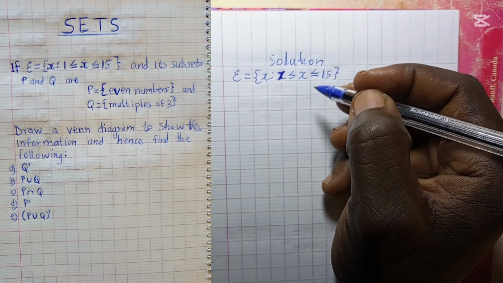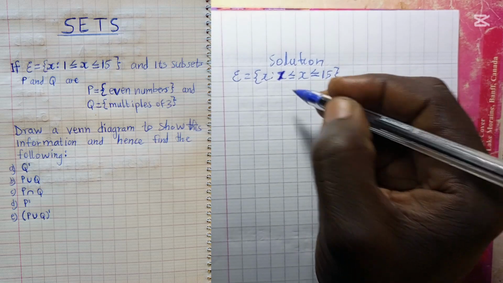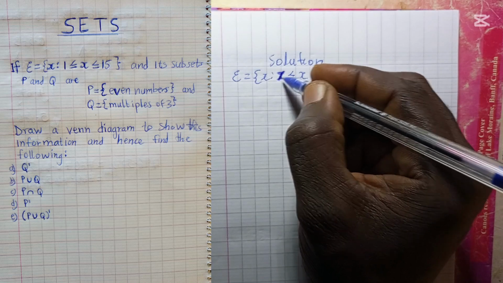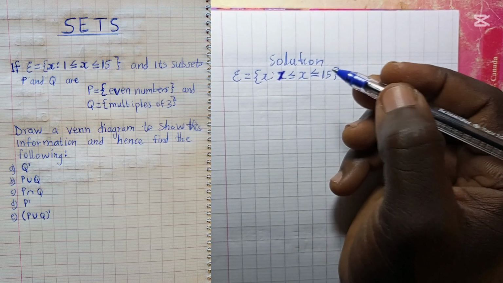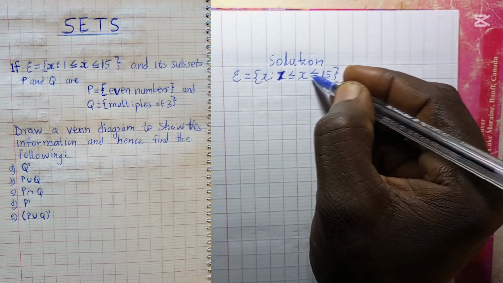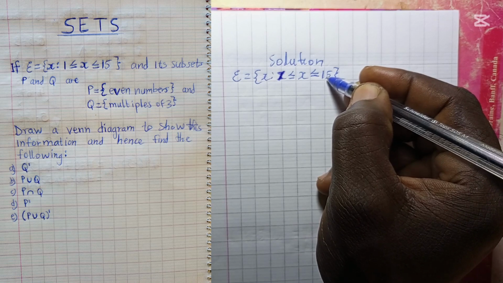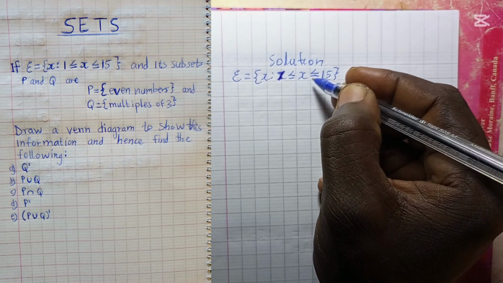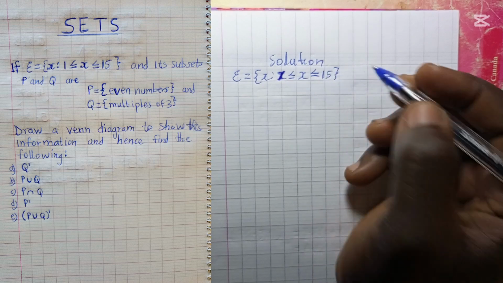To bring it out so that you can see all the elements contained in this set, remember 1 is less than or equal to x, which means 1 is inclusive, and also x is less than or equal to 15, so 15 also is inclusive. Therefore, x is a value which ranges from 1 to 15.